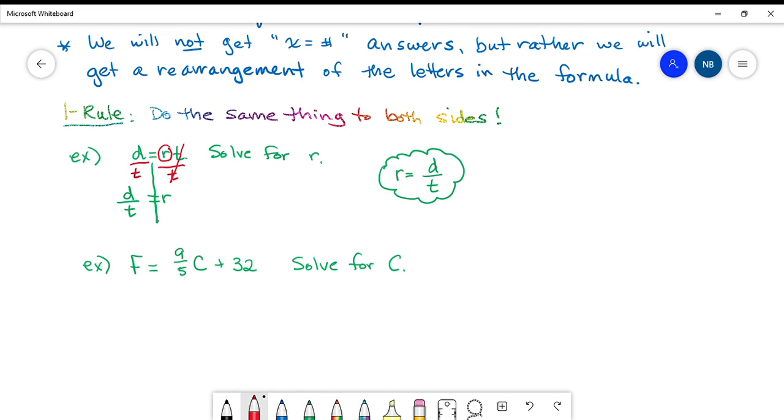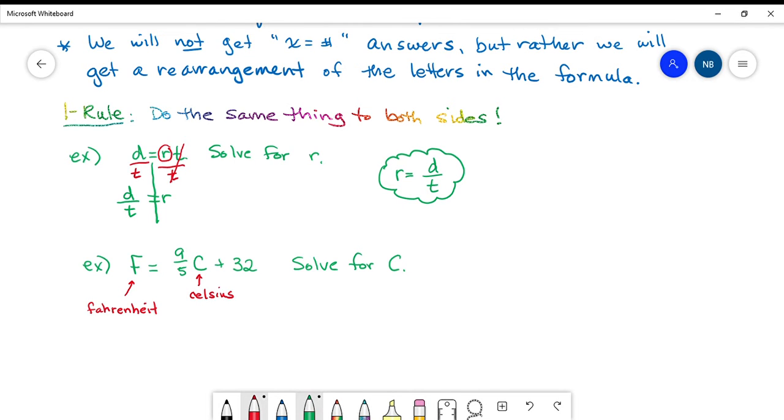So let me just write Celsius so you can see the word. And this is Fahrenheit. I hope I spelled that right. And we're going to solve it for C. So we're going to isolate C.